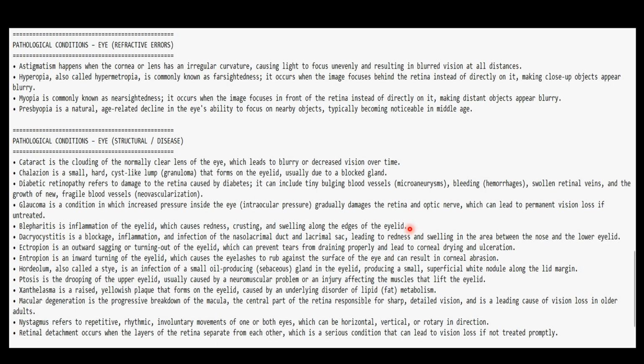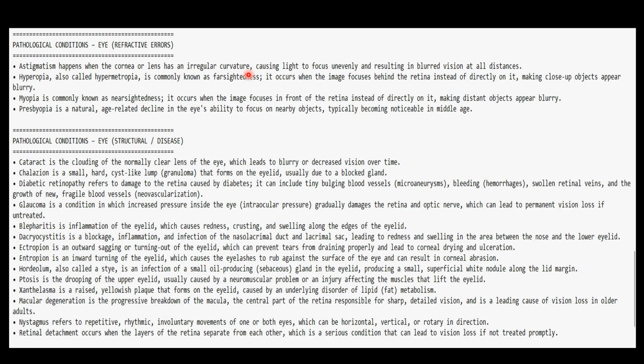Alright, so let's get started and see the first category of pathological conditions, related to refractive errors of the eye. We will go one by one. Firstly, we'll talk about refractive errors, then we will talk about structural diseases. The first thing is astigmatism, which happens when the cornea or lens has an irregular curvature.